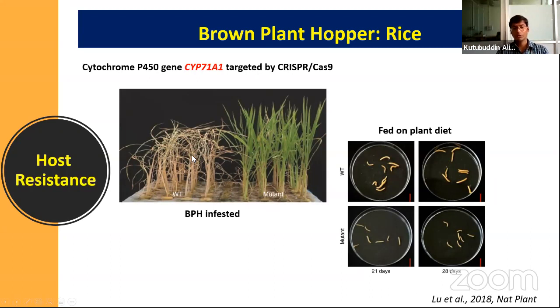In this serotonin producing pathway, there is one gene. This gene is targeted by CRISPR-Cas9 to disrupt it and reduce the production of serotonin, so that BPH is no longer attracted towards this plant. So this is the wild type and this is the mutant one. The wild type is heavily infested, whereas the mutant is least infested.